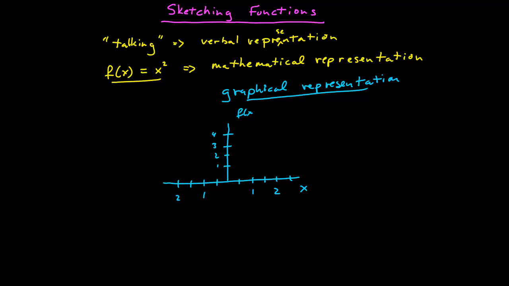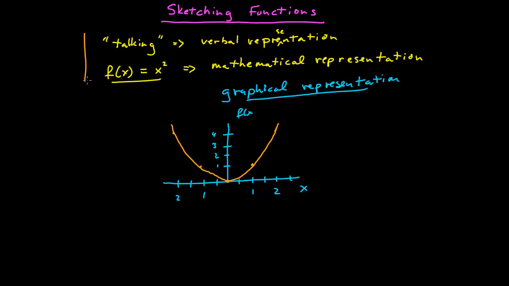So I want to represent that graphically. At x is 0, f is 0, 1 is 1, 2 is 4, and then I can sketch that graph. So sketching the graph gives me a graphical representation of a mathematical representation. It's a graphical representation of my function.